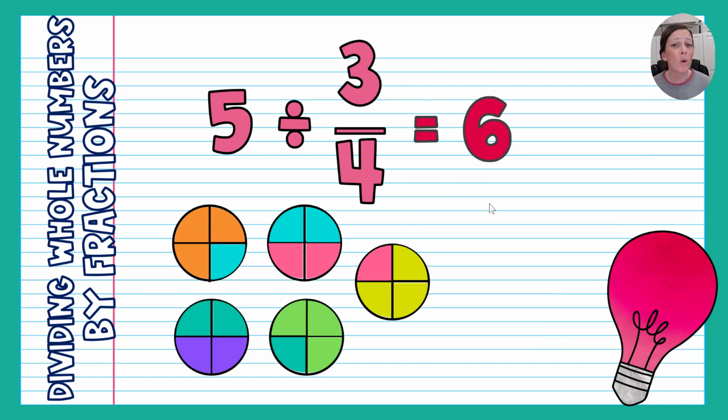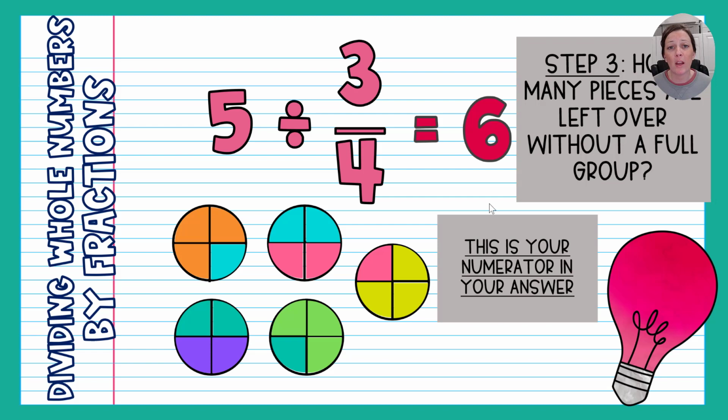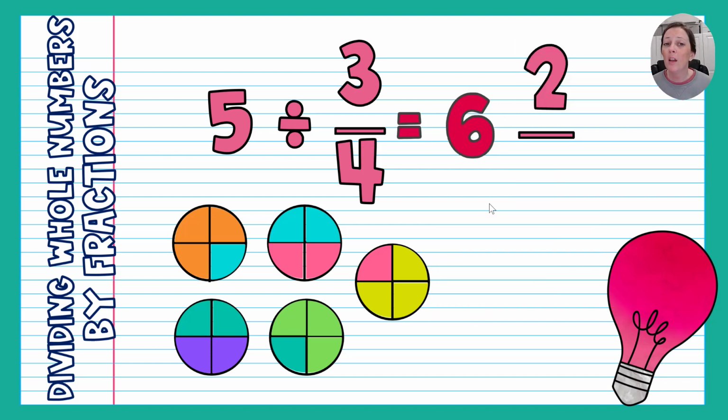Now we're going to talk about what to do with that leftover, those purple pieces that didn't make a full group. Those leftover pieces without a full group, we had 2 of them, 2 purple ones. Those make up the numerator in our answer, or the top number. So now I've got 5 divided by 3/4 equals 6 and 2. And now we've got to come up with our denominator.